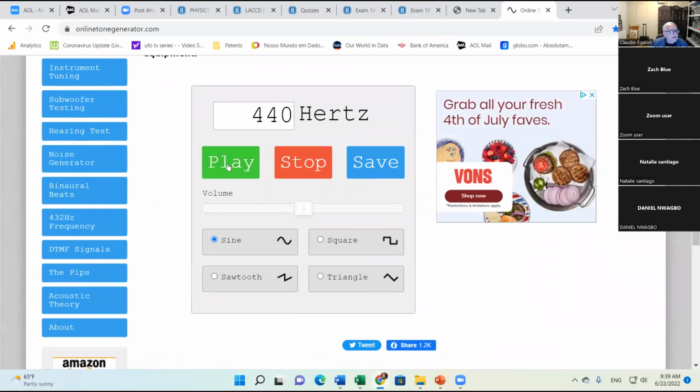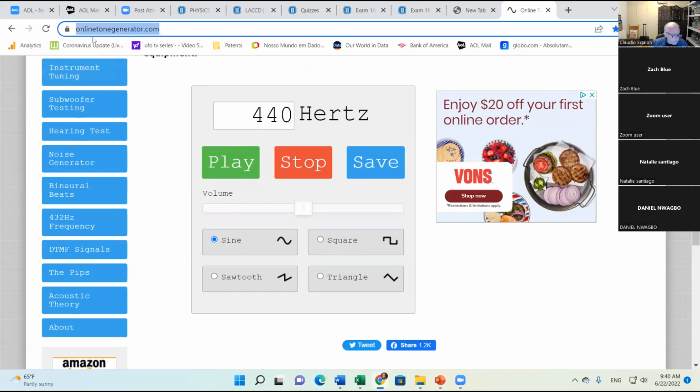There you go, 440 hertz. Stop it. Now I'm going to sum this frequency with another frequency. I'm going to play them simultaneously. You can do that on your computer as well. And I'm going to keep the same amplitude.